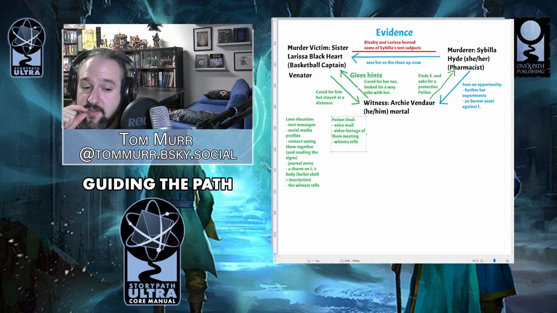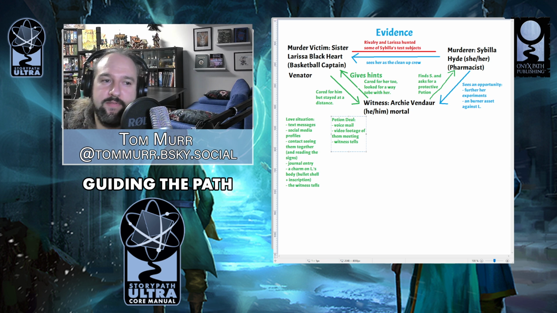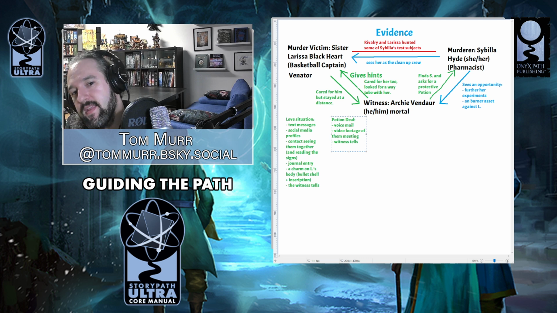This is actually also a great idea. So until now, the murderer and the murder victim were both captains of basketball teams, and Mrs. Hyde was boosting her own team. But yeah, maybe some of Larissa's players also got in on the story.